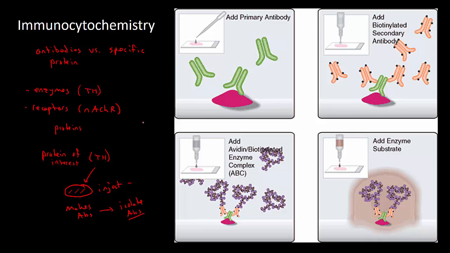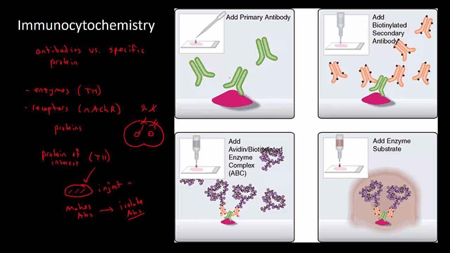So if I take a tissue, let's say a brain slice, and let's say I have some TH in these areas here. If I take my antibody and soak the brain in it, what's going to happen? Well, the antibodies are going to float around, and wherever my protein of interest is, they're going to stick.